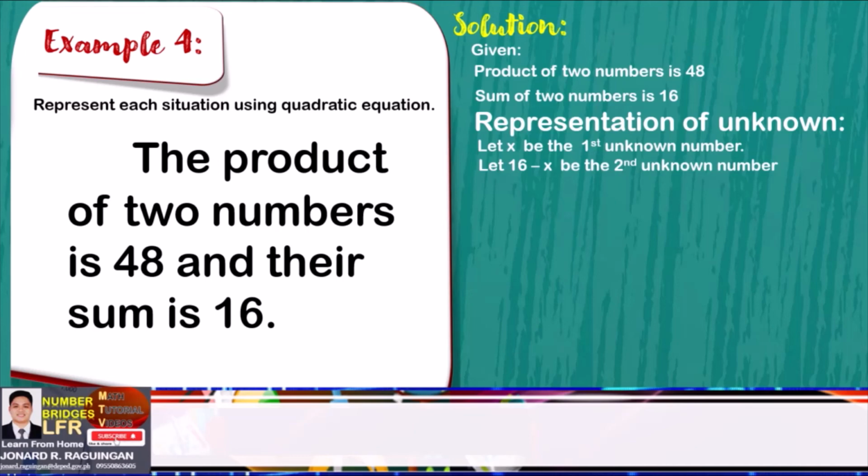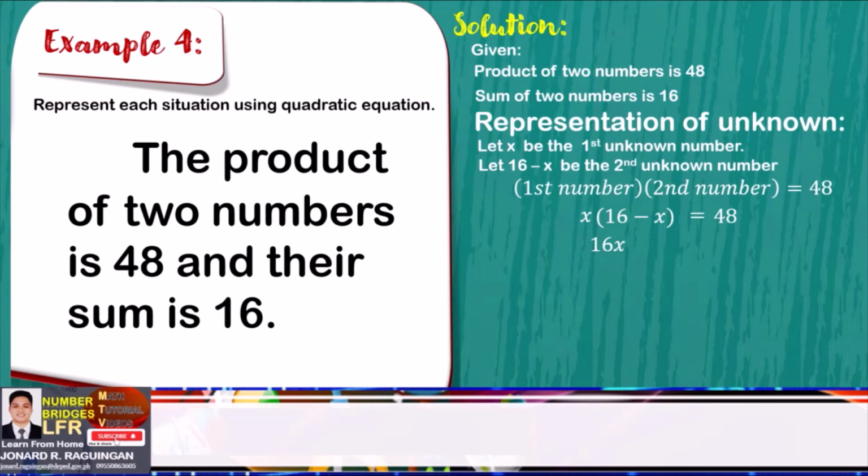It says in the given that the product of two numbers is 48. So we have first number times the second number is equal to 48. Our first number is x times the second number, which is 16 minus x, is equal to 48. Simplify. X times 16 is 16x.